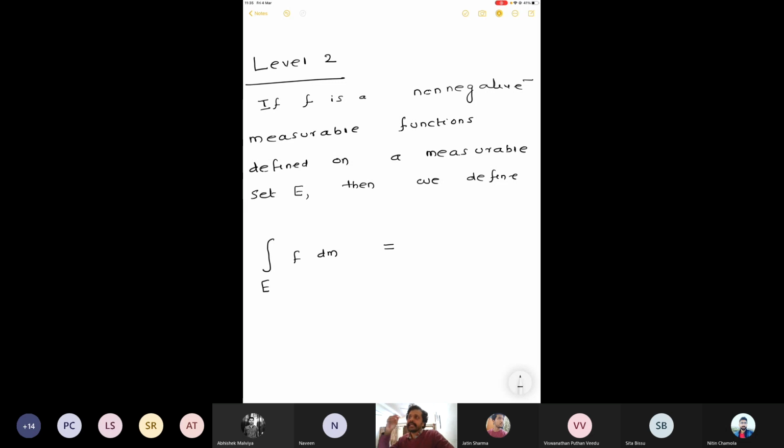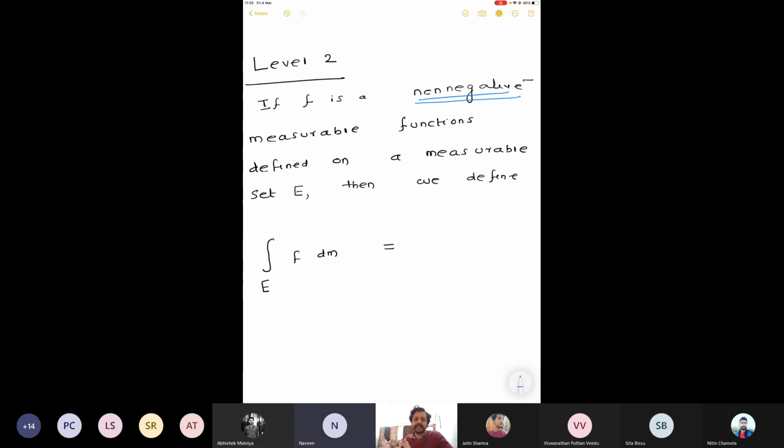Compare and contrast. In level 1, you could integrate only bounded functions. You could integrate over sets which are measurable with finite measure. Now here, potentially the function f could be unbounded. Potentially the set E could be of infinite measure. But we are putting a condition that f should be non-negative. Is that clear?